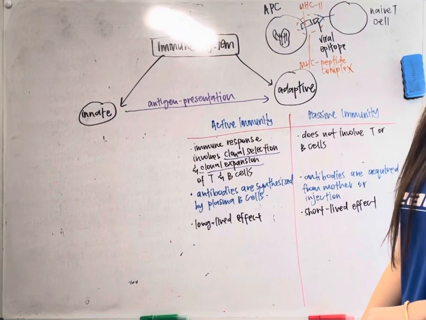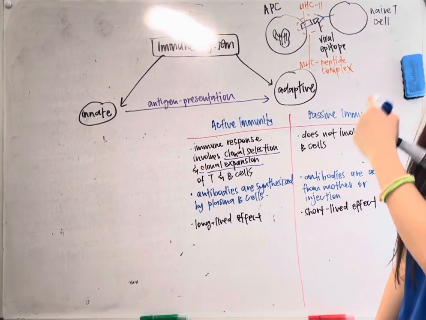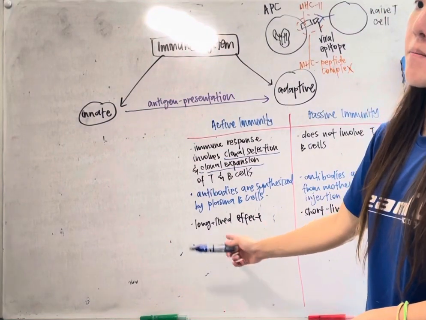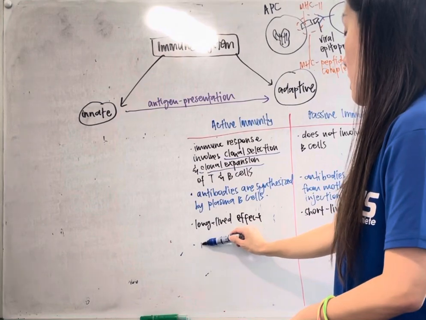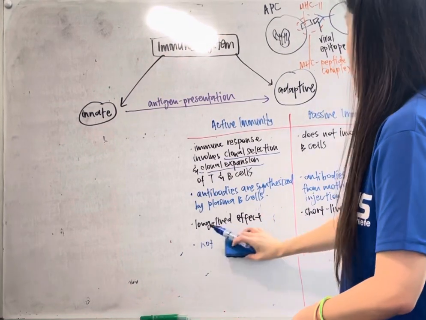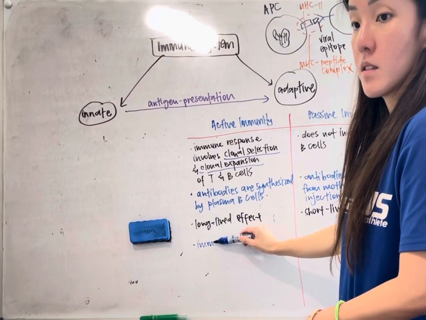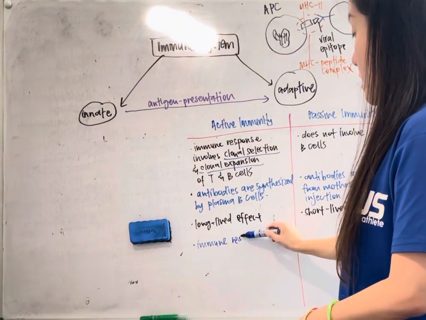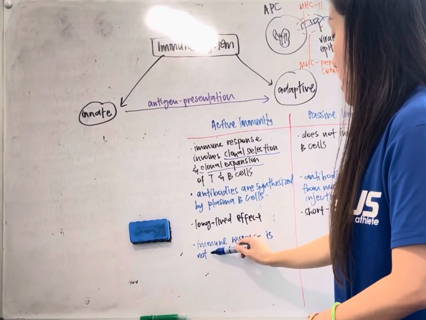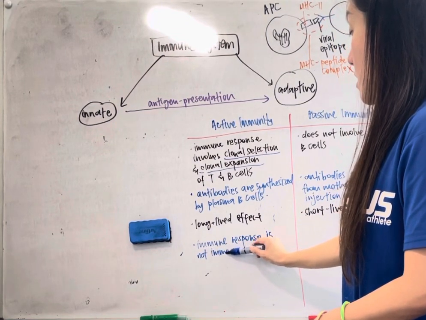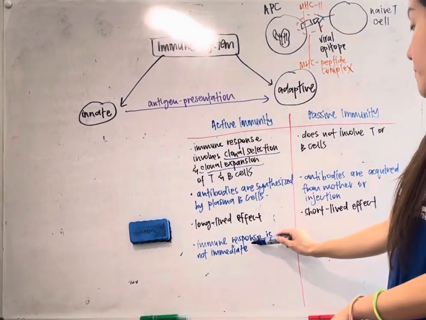Another difference we can talk about is the lag time for the immune response. Please take note, the immune response for active immunity is never immediate. So there will definitely be a longer lag time.